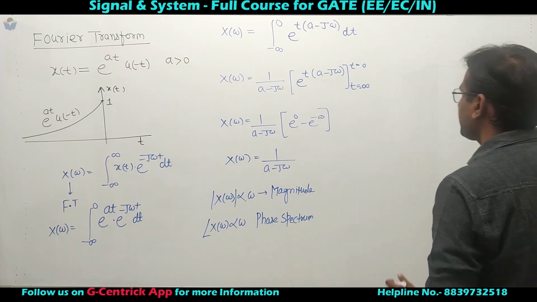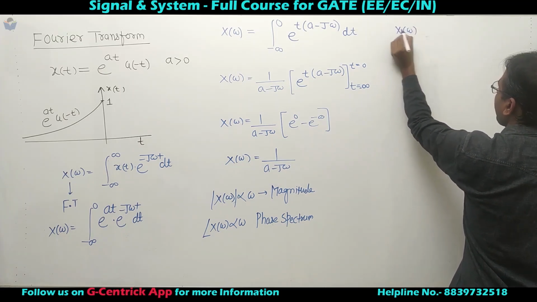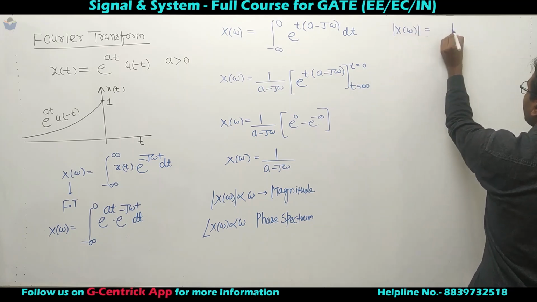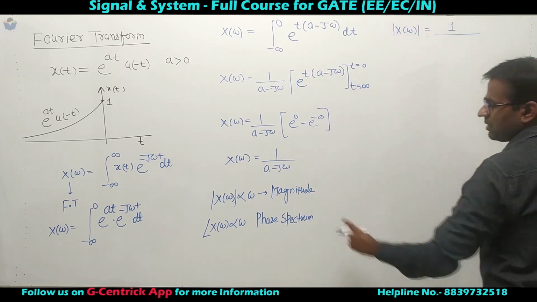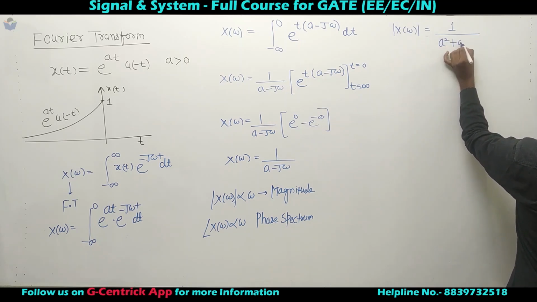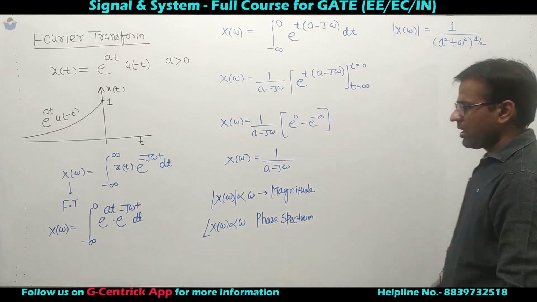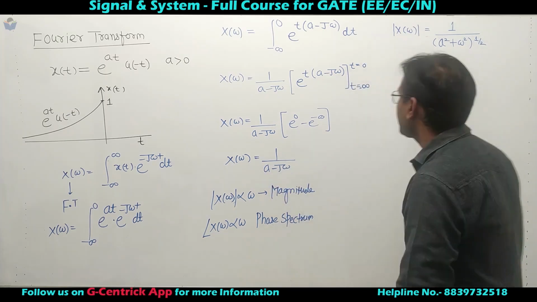So we can draw the mod of x of omega, which will be 1 divided by a square plus omega square to the power 1 by 2, because a minus j omega has the same magnitude.